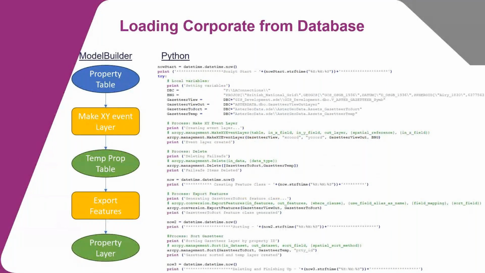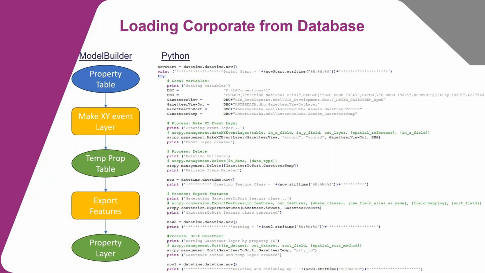So this is an example of how we might load a corporate data set. This is one that is constantly changing, updating. So it's our property table as an example. The property table is held in our SQL Server database. This is where data from across the business is collated. We then give it the coordinates, and then our enterprise geodatabase allows us to connect to that table from within ArcGIS Pro.